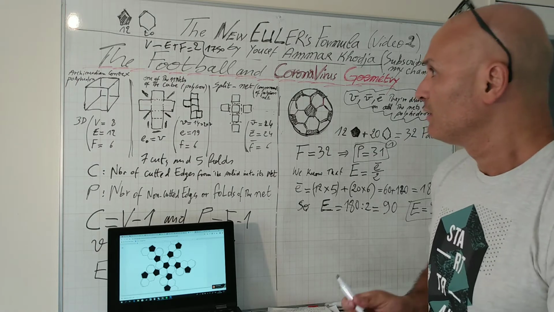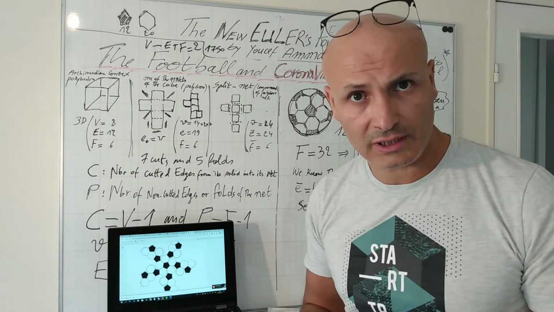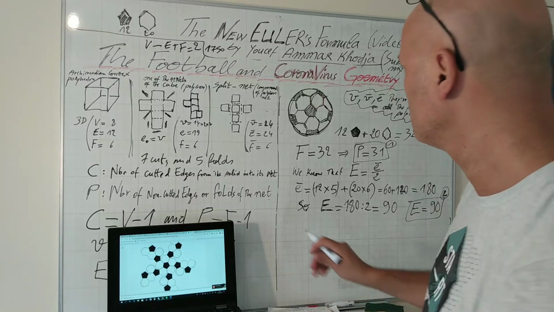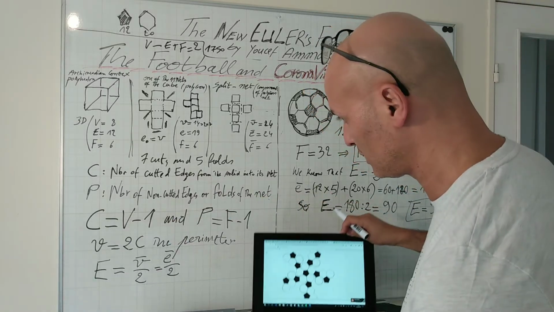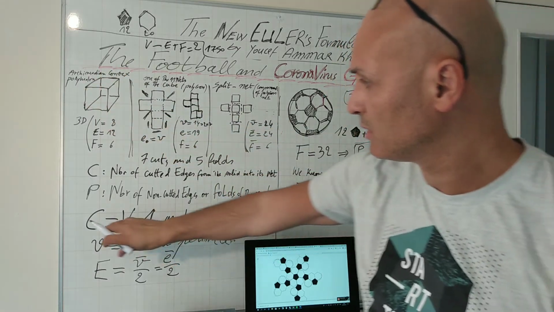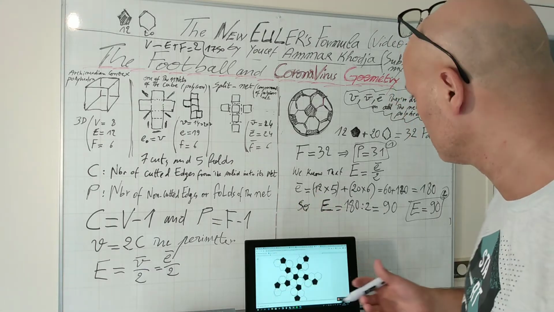There's another formula that was the original idea from the first video. I noticed when I was in high school back in 1988 that the number of edges is always equal to the number of cut edges plus the number of non-cut edges.